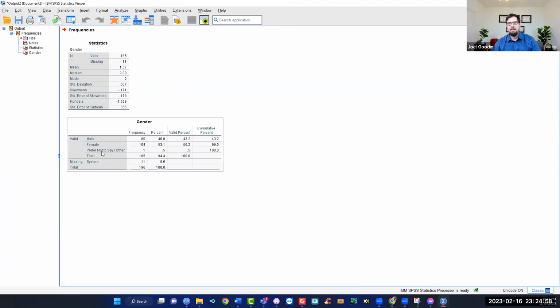And see, it recognizes what I changed it to, all numbers, but the numbers are coded as what I just labeled them with. So there were 80 males, 104 females, 41% males.